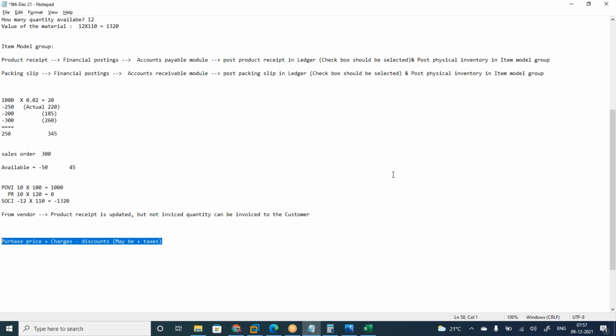Okay. Yeah. There is a chance of differences. It does not mean the same physical cost amount should be updated as the financial cost amount. There is a difference. Even though you have received or differently received, you cannot predict, am I right? Vendor invoice. Suppose for the transportation charges there is a deviation between you and your vendor. The vendor says I will charge 500 rupees for transportation. No, last time you dispatched only for 400, so charge only 400. There is a discrepancy between you and your vendor.